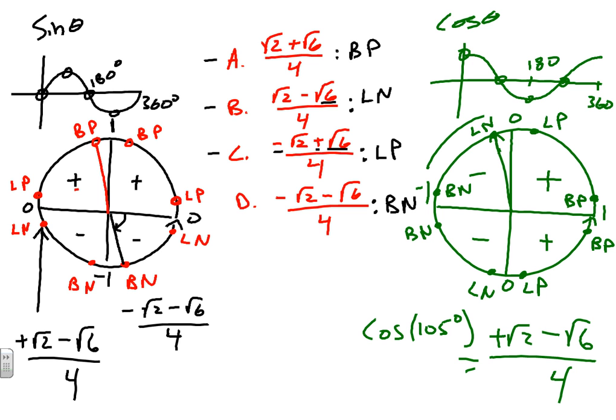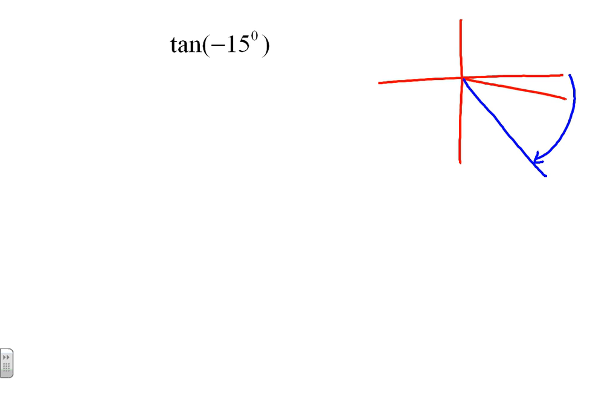If only that could work with tangent. I've given you a slight preview of that. Let's take a look at tangent. Tangent, negative 15 degrees. Let's draw it. We are right here. In order to do this the long way, we would split the triangle, create a 45. So I could get to negative 15 degrees by going negative 45 and then going back positive 30.